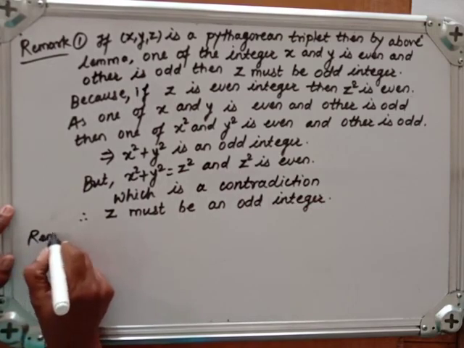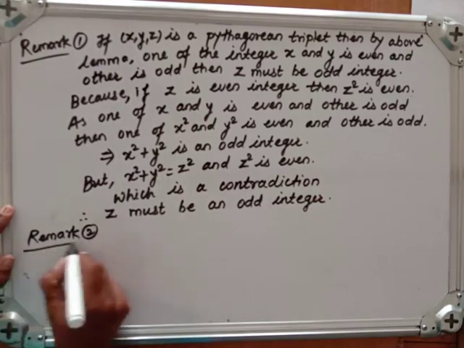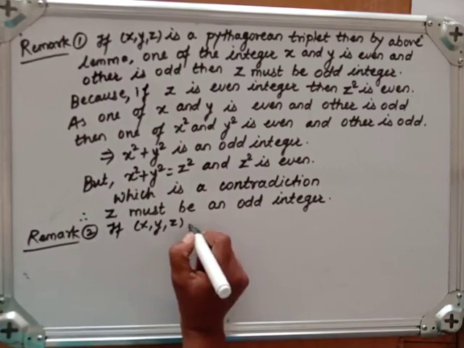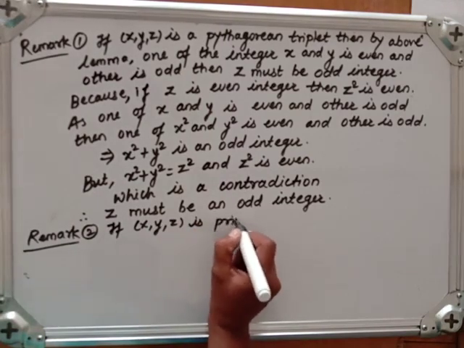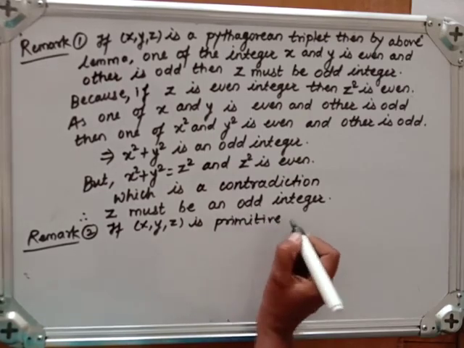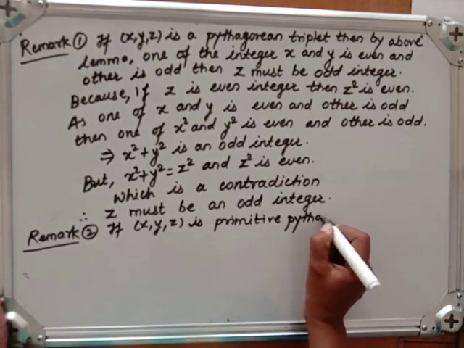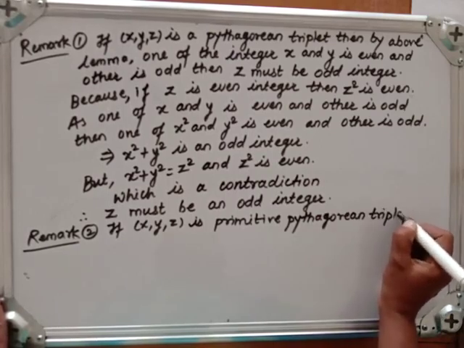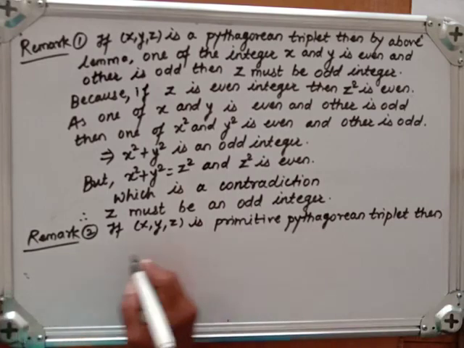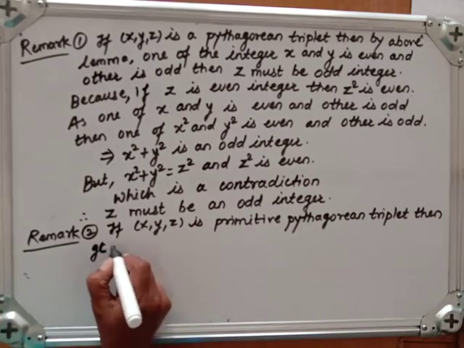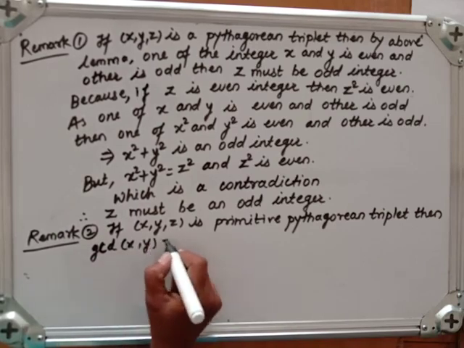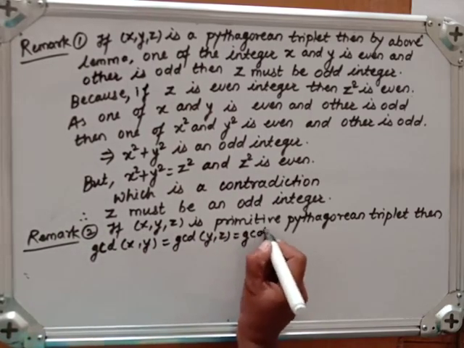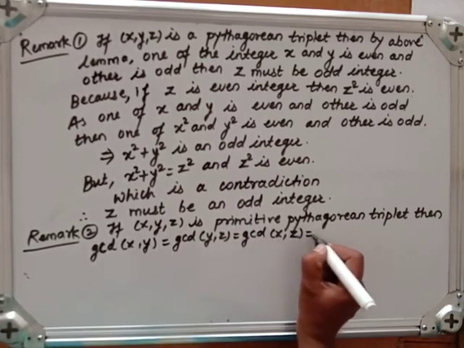Now remark 2. If x, y, z is a primitive Pythagorean triplet, then GCD of x, y equals GCD of y, z equals GCD of x, z, which is 1.